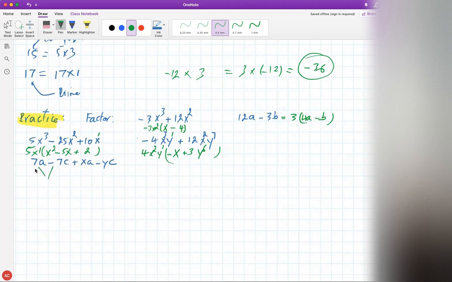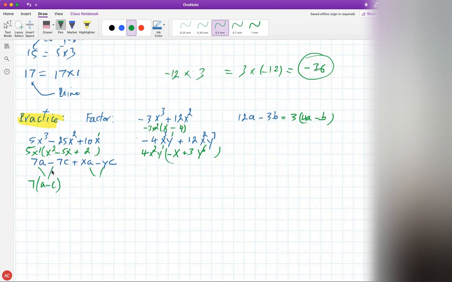We do these two together. We have 7 in common, so 7 times A minus C. And these two also together, what do they have in common? Nothing, right? What did I put here? I should have put X here.